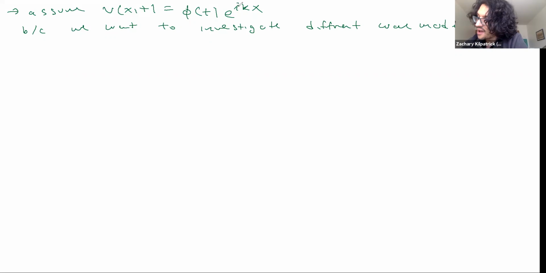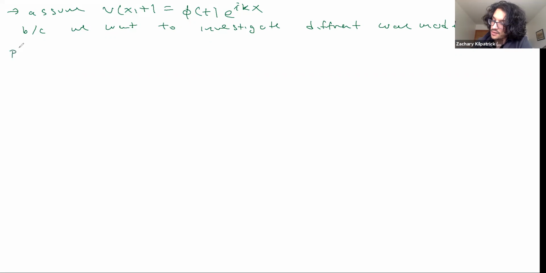So when we have components in our solution of different spatial frequency, we want to know how those are going to evolve in time, because those are your different wave modes.